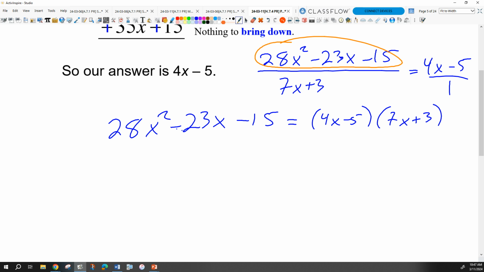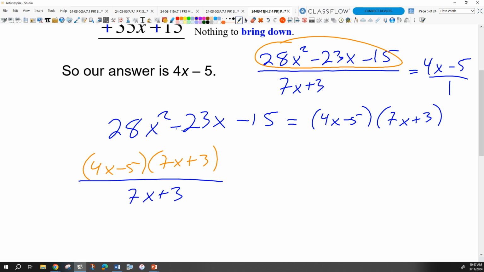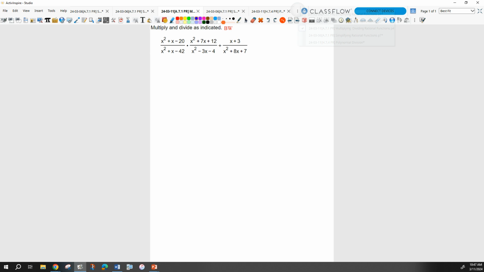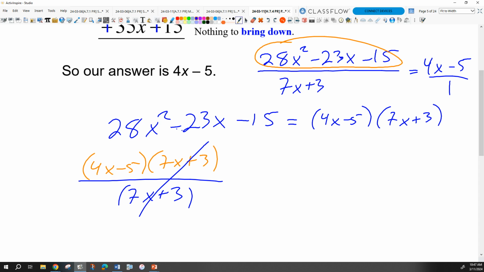So if I factored this, it would just look like 4x minus 5 times the quantity 7x plus 3 divided by 7x plus 3. So yeah, factoring would have worked here. Those would cancel, and my final answer would just be 4x minus 5. Right?